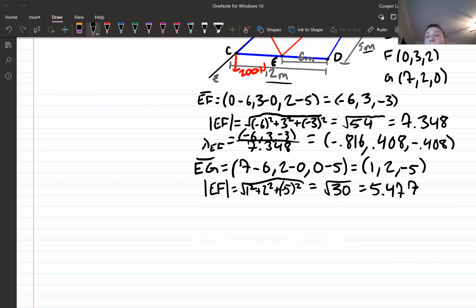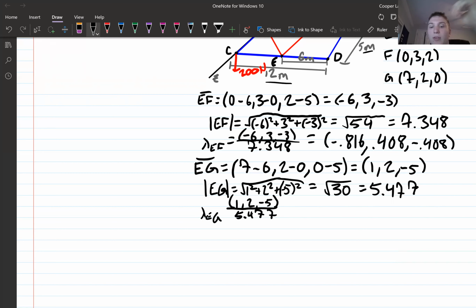So given that, now we're going to calculate out lambda. Lambda is, I'm going to take my EF value, sorry, my EG value. Didn't mean to write EF here. That was supposed to be EG. So I'm going to do my 1, comma 2, comma -5, and I'm going to divide that by my magnitude of EG, which is 5.477.